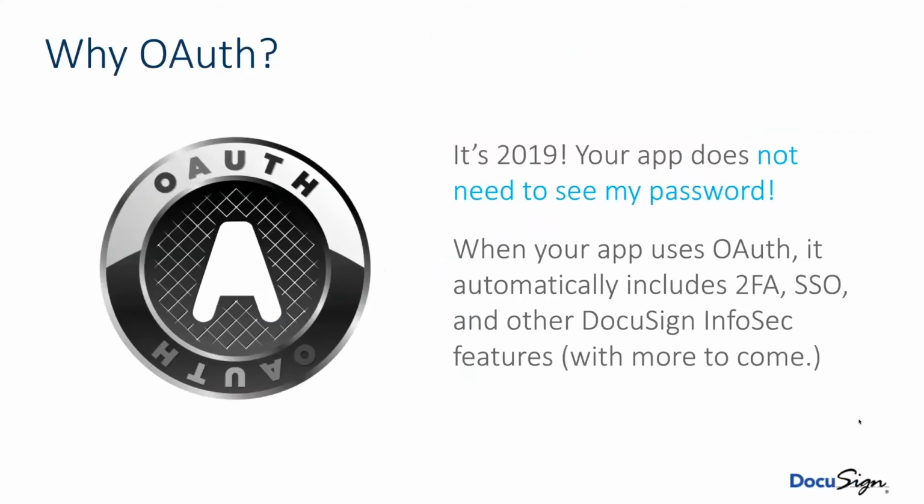So if the sender is using two-factor authentication, 2FA, or single sign-on through a single sign-on supplier, all of that will be incorporated automatically into the authentication flow when your application uses OAuth. And we have many other features in the pipeline as well.